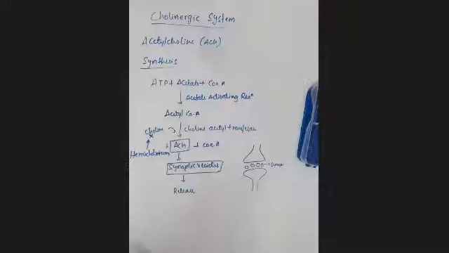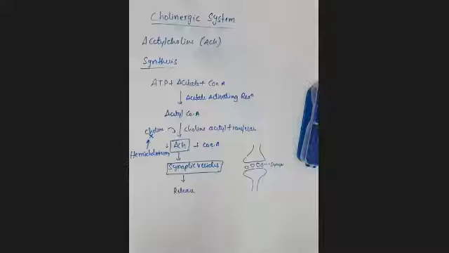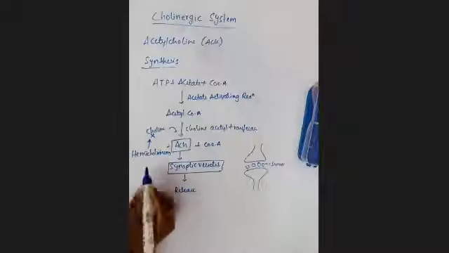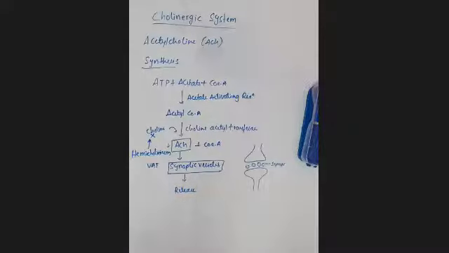Clear? Next one is the active transport of acetylcholine into these synaptic vesicles. That is carried out with the help of one transporter known as VAT, which we call the vesicle associated transporter.